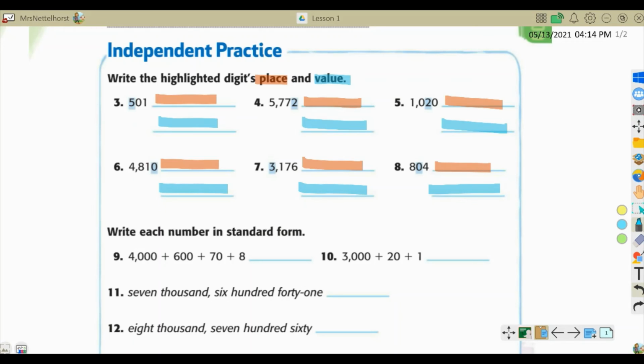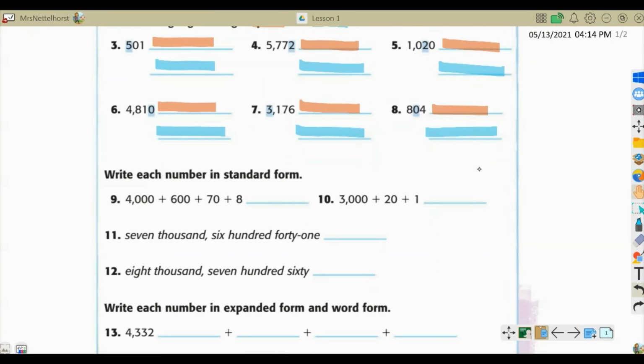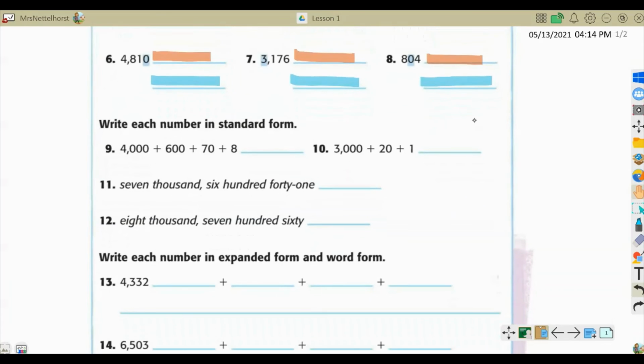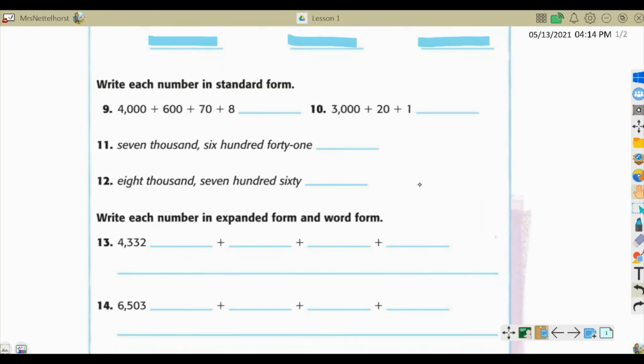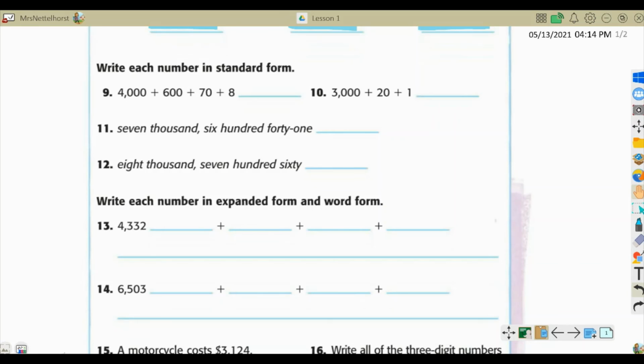Okay, for numbers 9 and 10, you are going to write each number in standard form. That means with digits. And same thing for 11 and 12. You're going to write it in digits. Then here you're going to write each number in expanded form and word form.